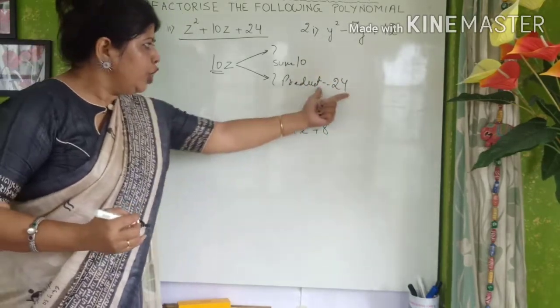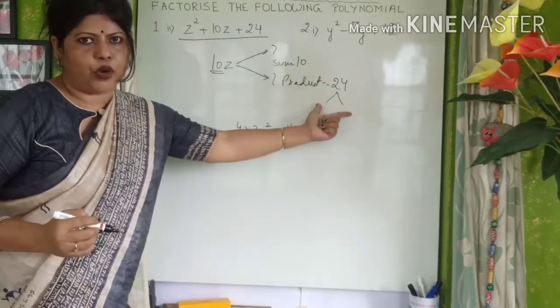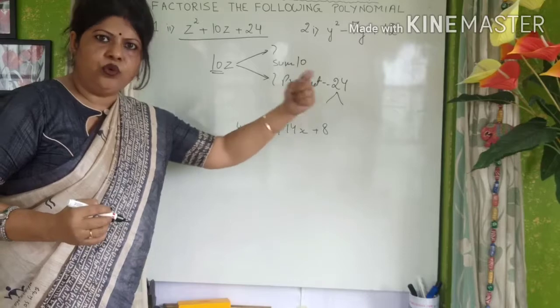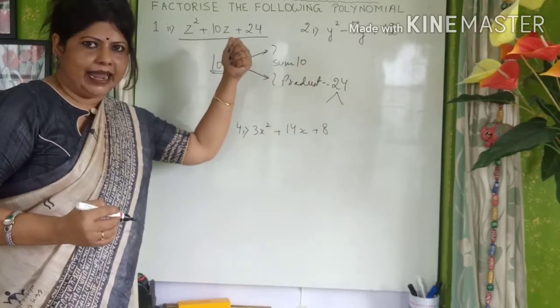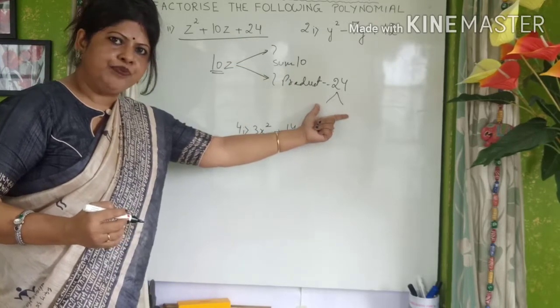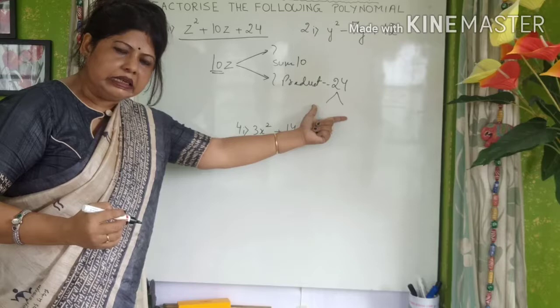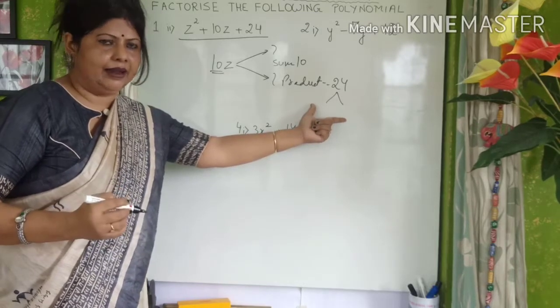Follow? So you will take only those factors of 24, adding which or subtracting which you will get back 10. Is that clear?